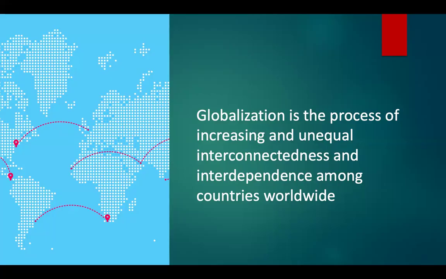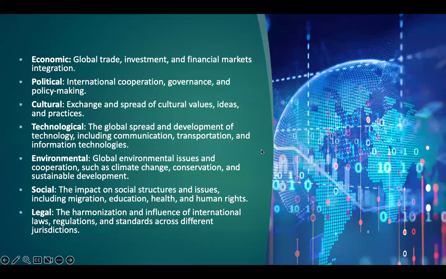Sociologists often examine its impact on social stratification, identity, and power dynamics. Let's talk about different forms of globalization. So, globalization is a complex, multi-dimensional process that affects various aspects of society, such as economic, political, cultural, and others.